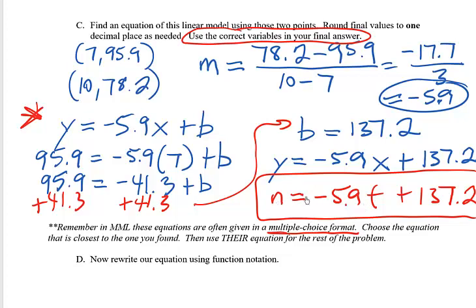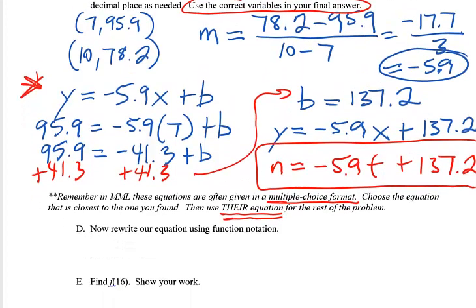You do all the work we just did, you come up with your equation, and then when you go to put that answer in my math lab, just select the one choice. There will always only be one choice that's close to the numbers you found. Like maybe they would have negative 5.8, maybe they would have 139, but there will only be one choice that's close to what you found. Choose that one, and then for the rest of the problem, make sure to use their equation when answering the other questions. Okay, let's continue here though.